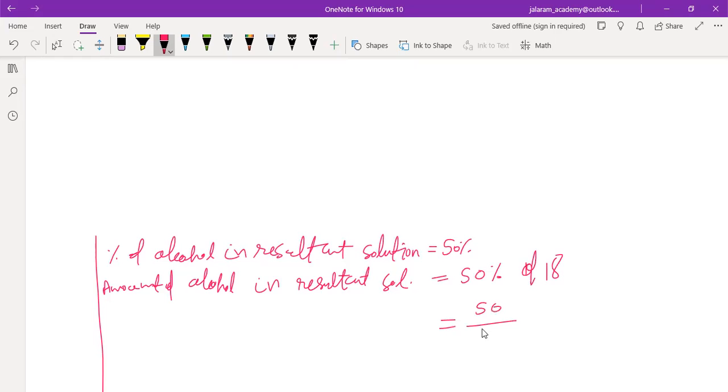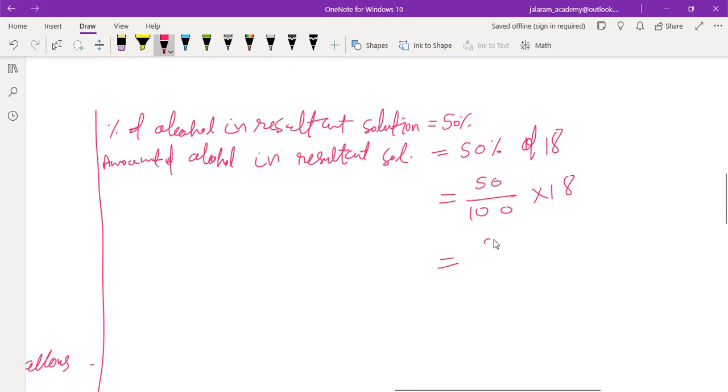That is 50 by 100 into 18. 18 fives are 90, so 900 by 100 gallons. I am not cancelling this 100.